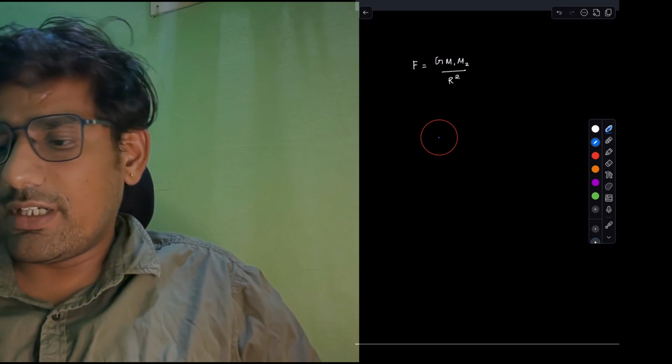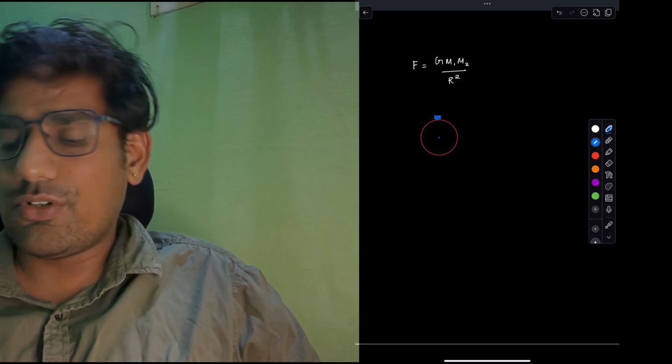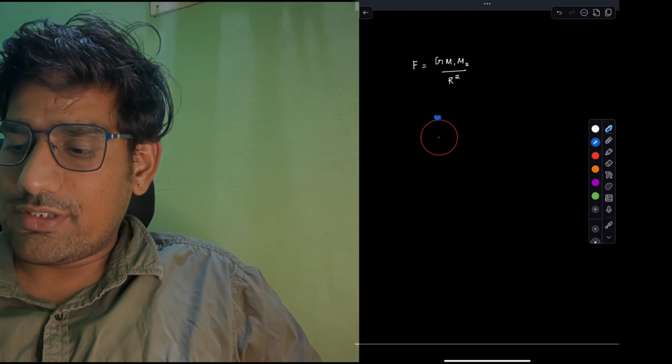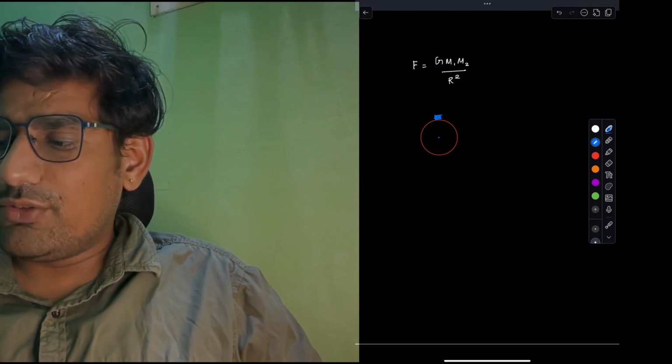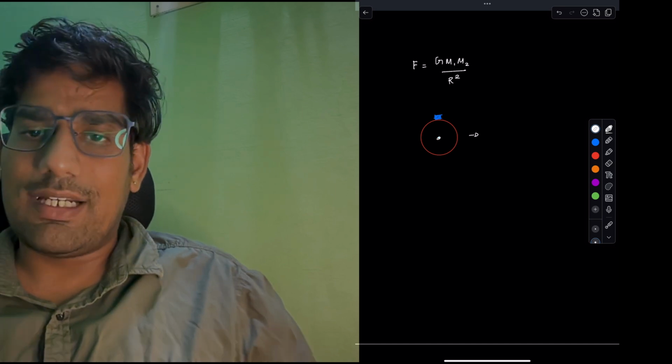This is the center of Earth, and let's suppose there is some very small object kept on the surface of Earth. According to Newton's law of gravitation, we can consider the Earth as a point mass at its own center.